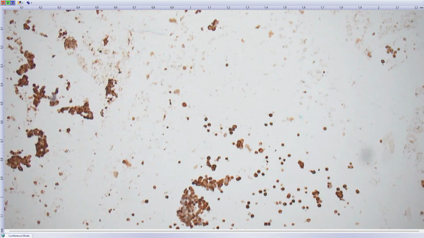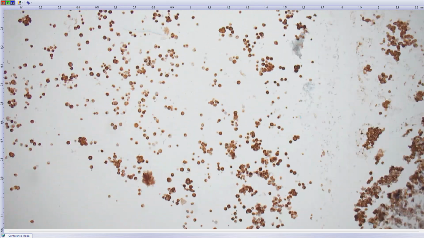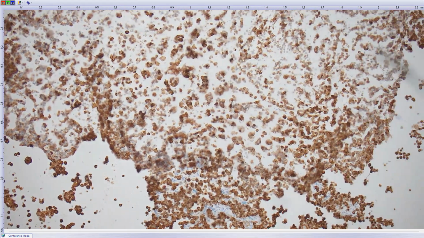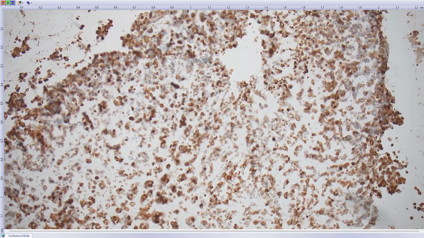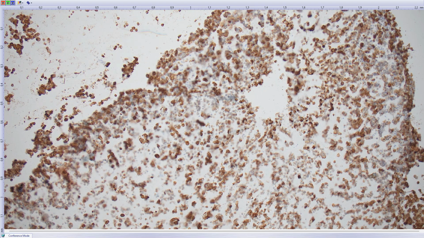Here you can see cytokeratin. To start, cytokeratin AE1, AE3. So the tumors are really positive. The other staining was CK7, and then we tried to stain CK20 and CDX2, which were negative.